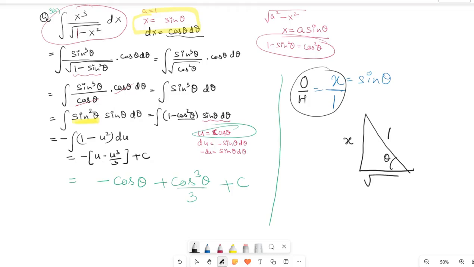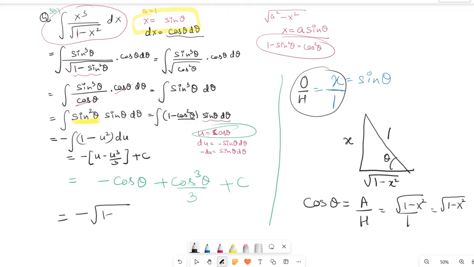Using Pythagorean theorem, this would be hypotenuse square minus the opposite leg square. Now we want cosine theta. Cosine theta is equal to adjacent over hypotenuse. So that will be square root of 1 minus x square by 1. So we can simply just write 1 minus x square square root. So let's see our answer.